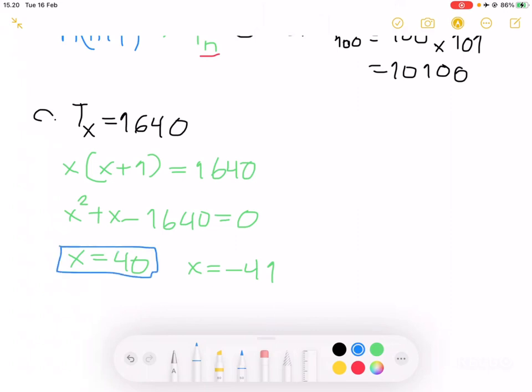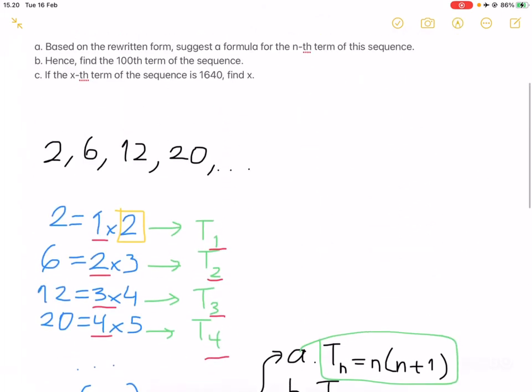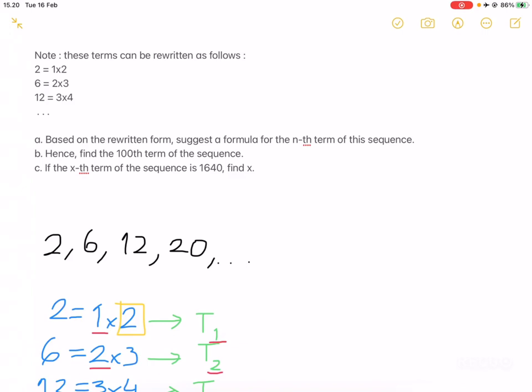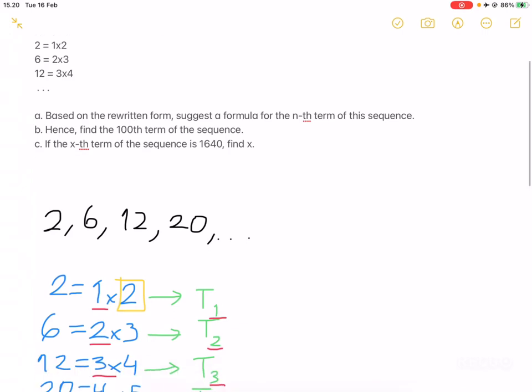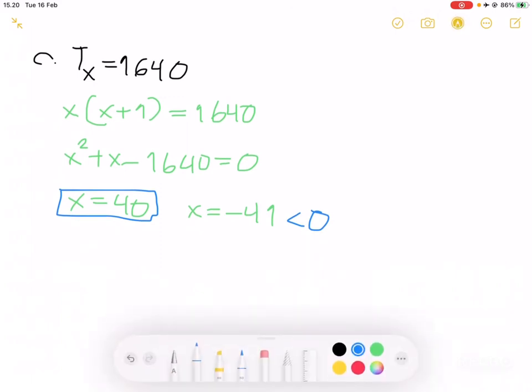Since x equals negative 41, notice this is less than 0. And if you substitute this into the question, the negative 41 term doesn't make any sense, because negative orders don't make any sense. So we can just reject this. So our only answer is x equals 40.